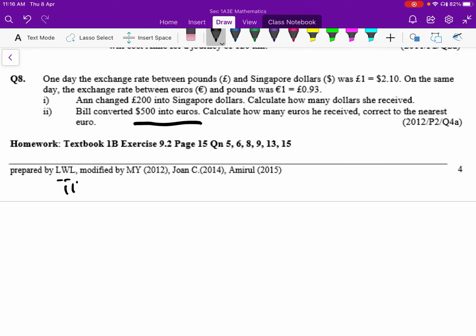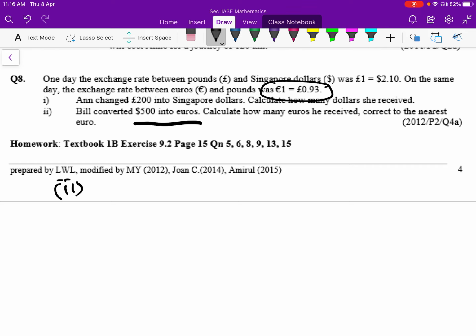Now, same thing, but if we were to stick with, oh look, €1, they don't give us directly into dollars. They only give the conversion from euros to pounds. So I don't have a direct relationship between dollars and euros. Then how? So we need to convert the dollars to pounds, then from pounds to euro. Okay?